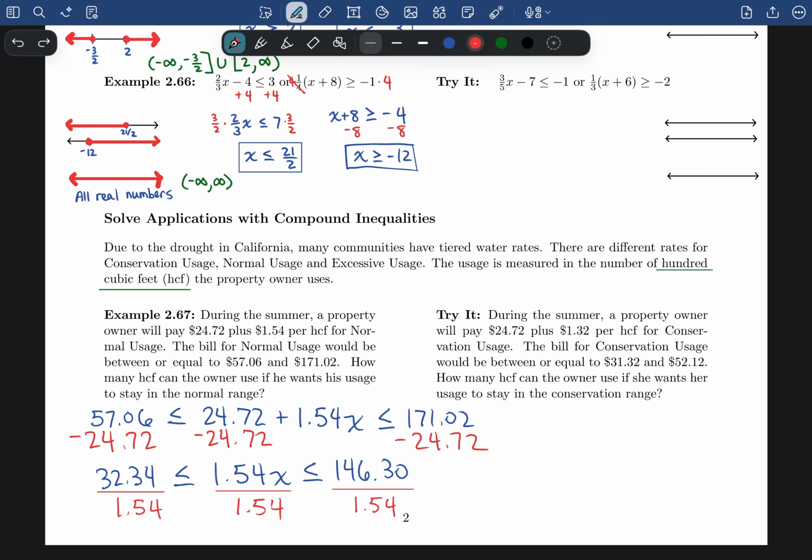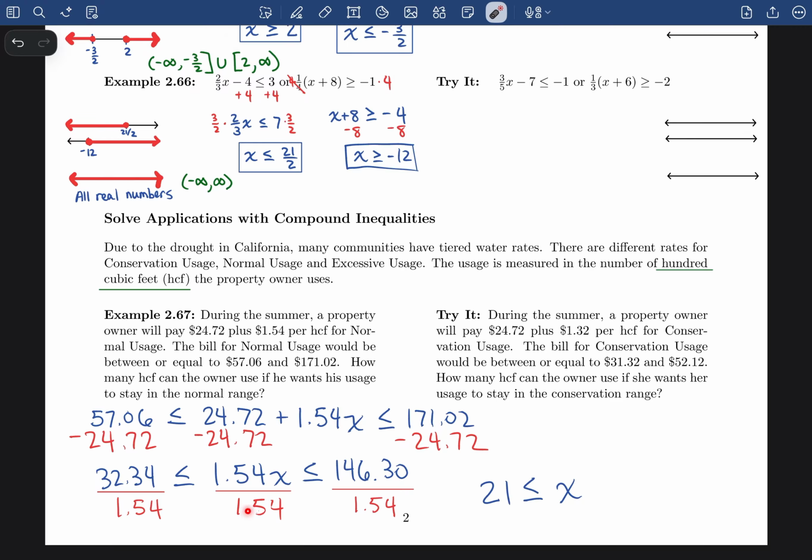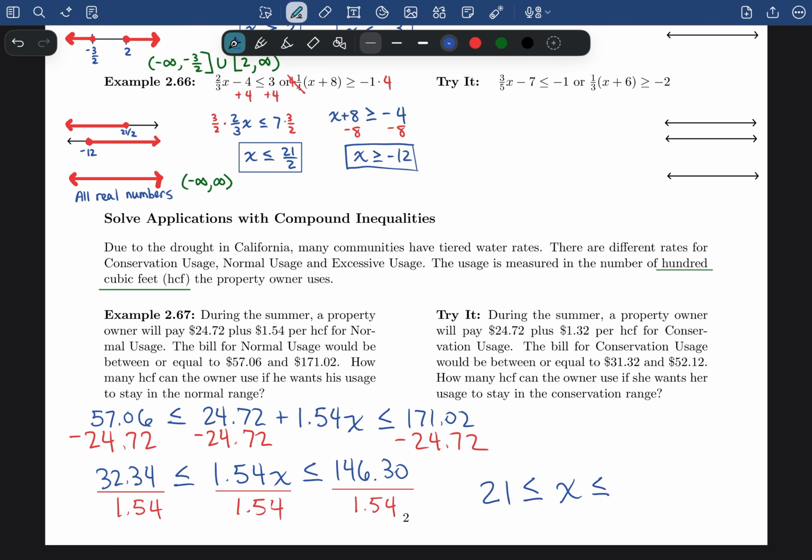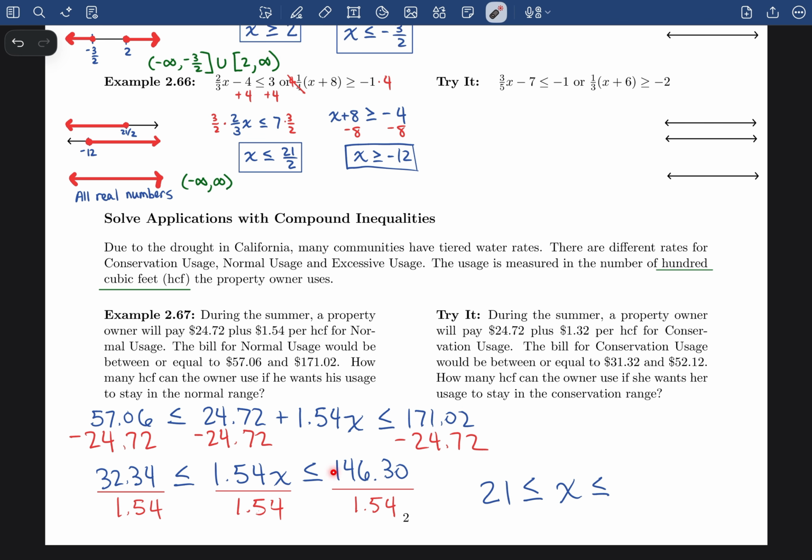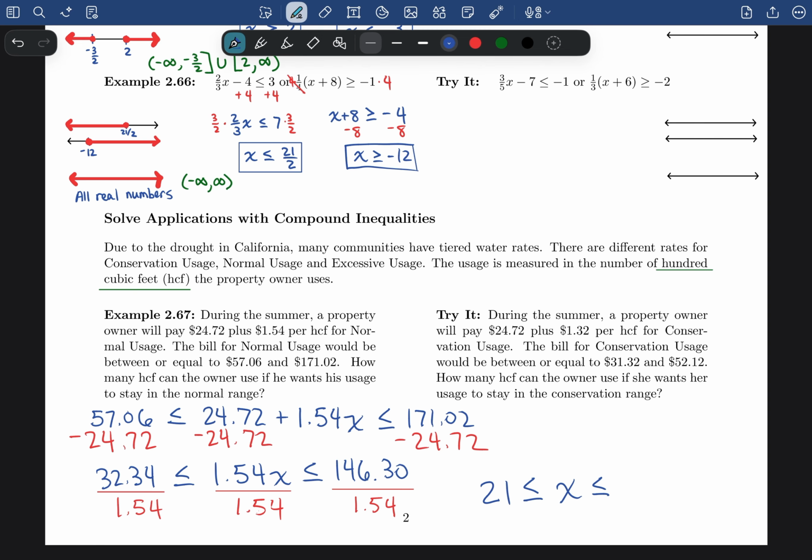Comes out nice and clean. I got a 21, which is less than or equal to x, right? Because 1.54 divided by 1.54 cancels, so I just get x, which is less than or equal to 146.3 divided by 1.54, which is 95. Okay, so here's my final result.